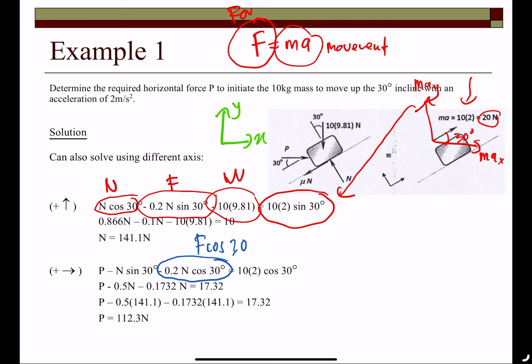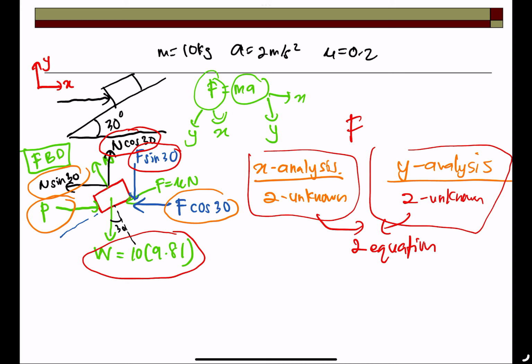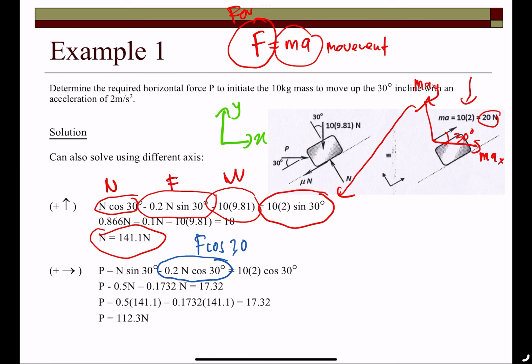So once you calculate everything, you will get one single unknown, which is the normal force in the end of the day. Because we have 0.2 here, you can input 0.2 in the equation, and you will get the final solution of the normal force.